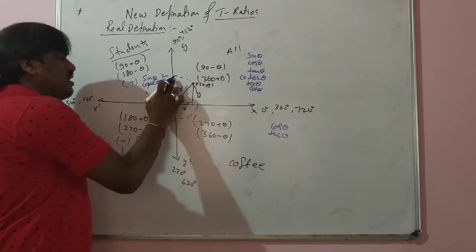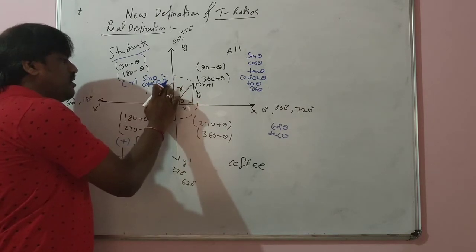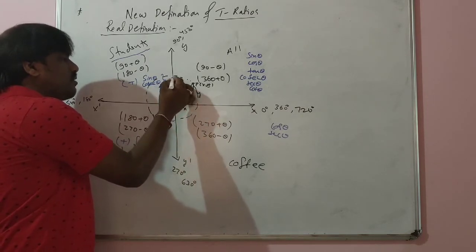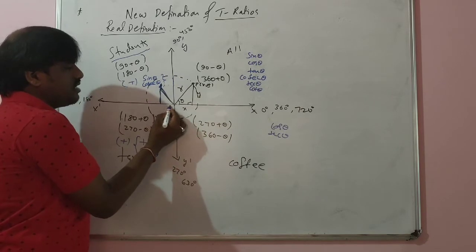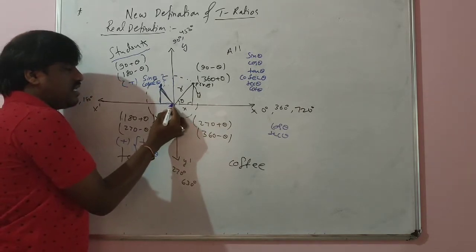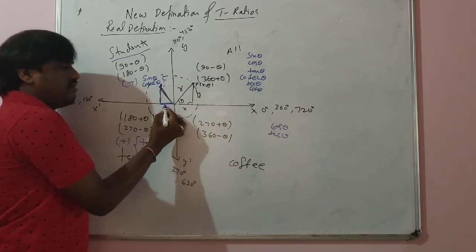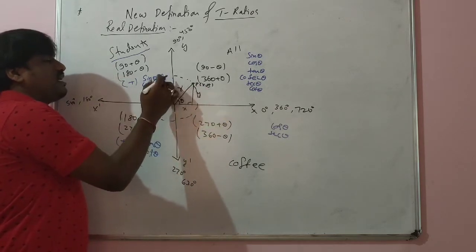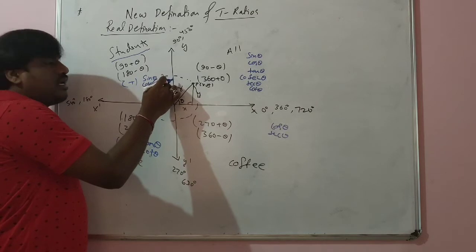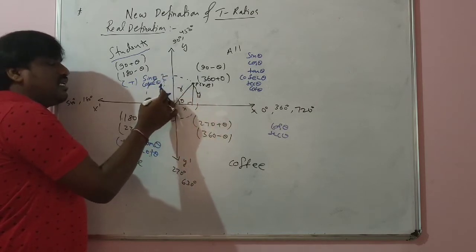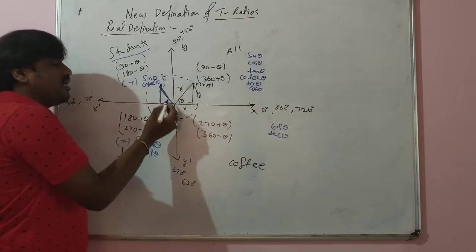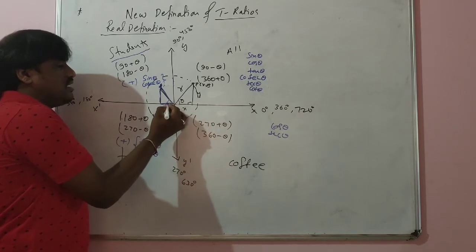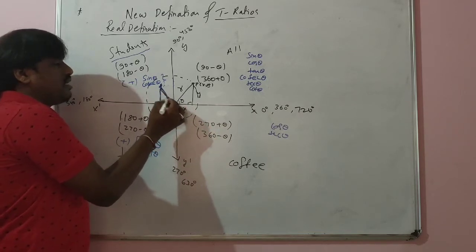You can use this later, this is not an important thing right now. Now you can see this side will be negative. I am not giving the proof, but if I want to give the proof, I can take minus y comma x here, and I can compare both the triangles. Both triangles will be congruent, like here if this is theta, then this will be theta, and we can compare many things.